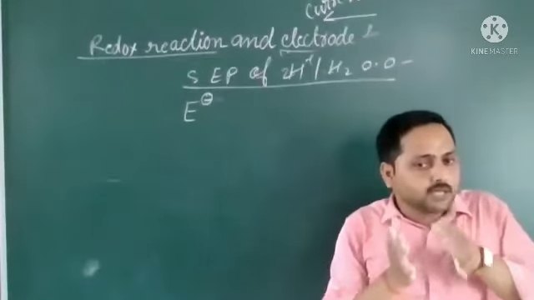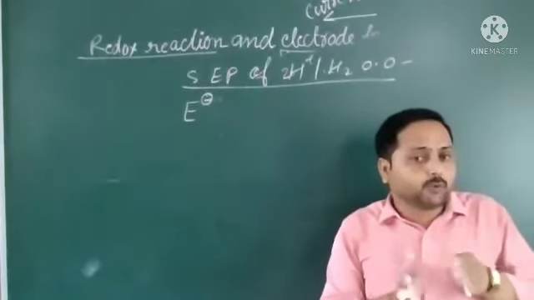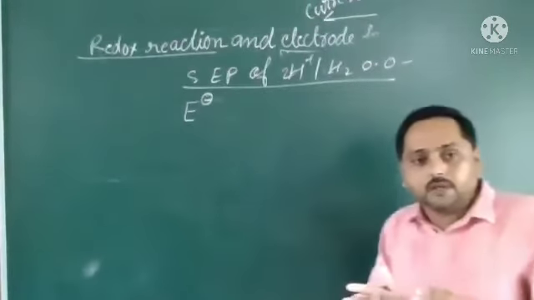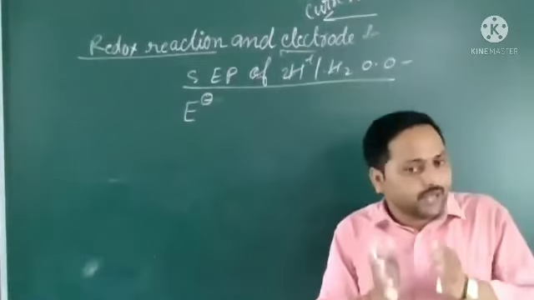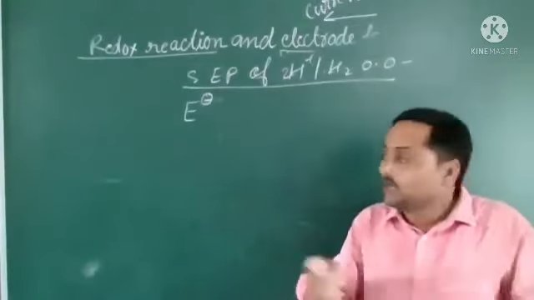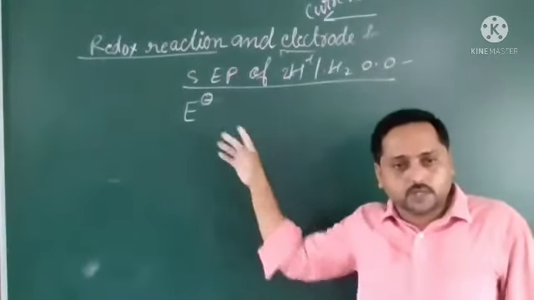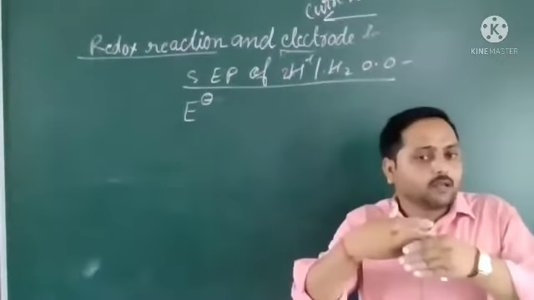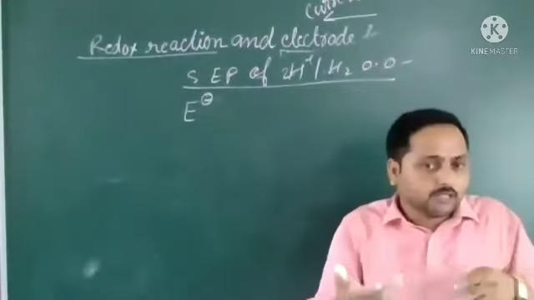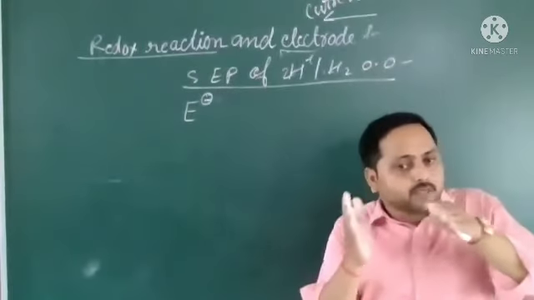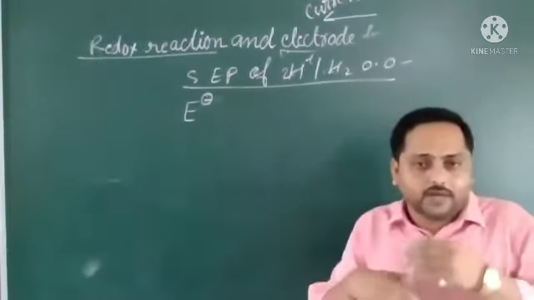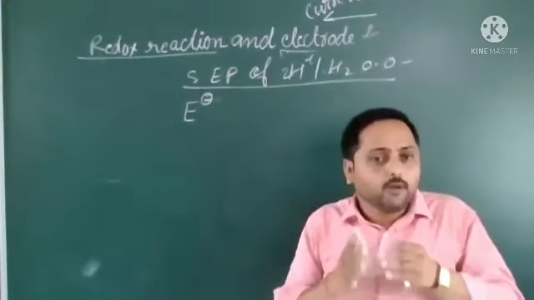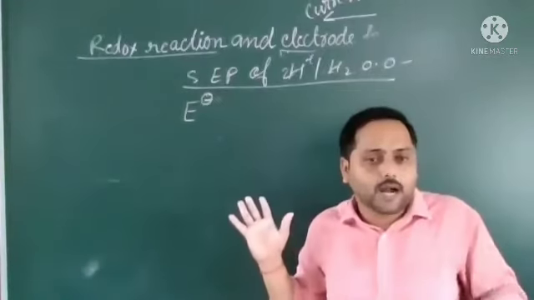If the electrode potential of any electrode is positive, more than hydrogen, that will be a lower reducing agent. If the electrode potential is negative, that will be a more reducing agent than hydrogen.